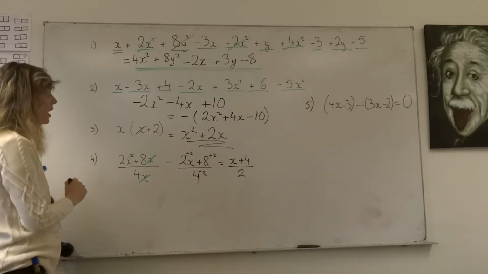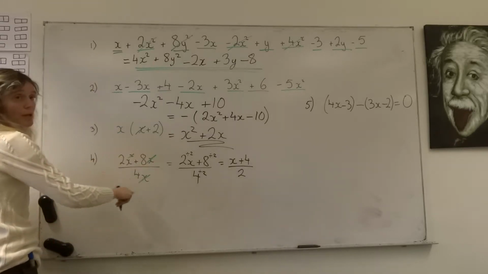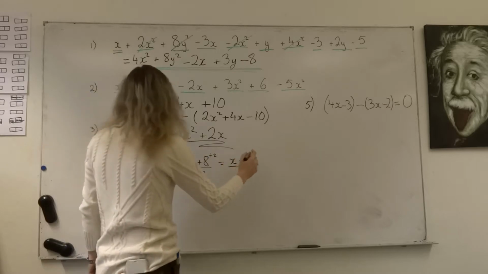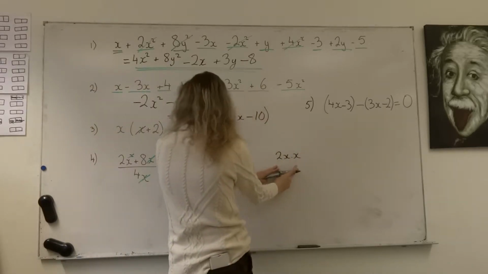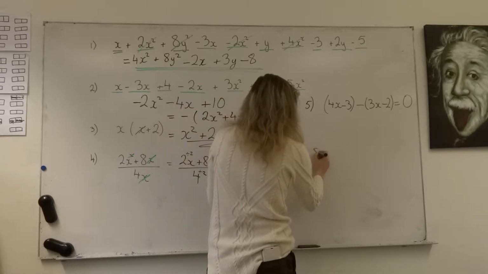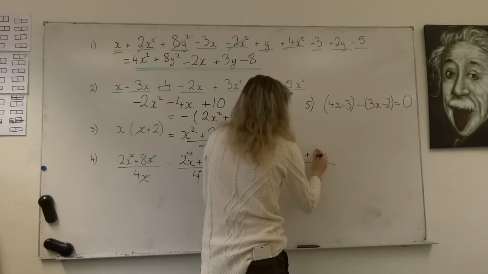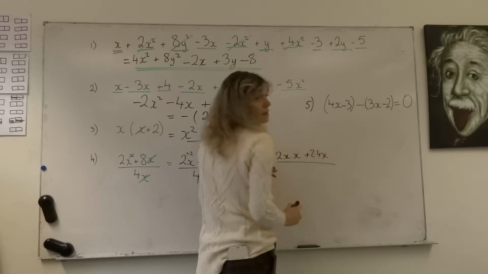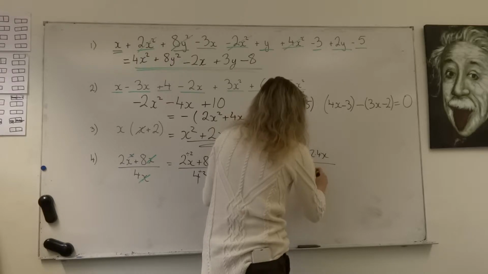The other way I showed you to do this is factorize what you've got common. If you were to split this down into 2x times x, that's 2x squared, plus 8x, which you can split down to 2 times 4 times x, and the bottom one could be 2 times 2 times x.